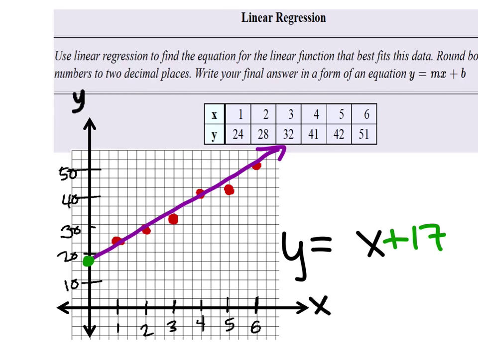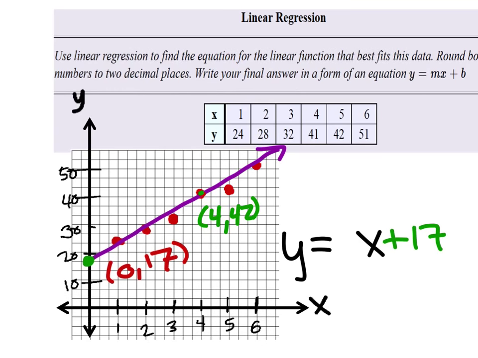So where are some values we can use? Well, we already said that's (0, 17), so we should be able to use some other point. Well, we'll just estimate this point. I'll say that's (4, 42).